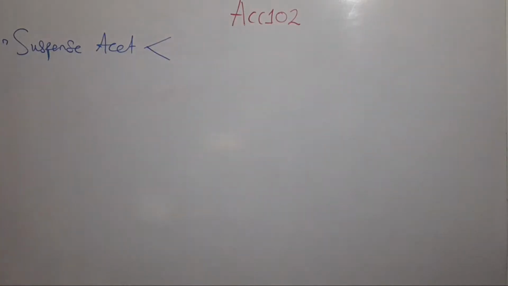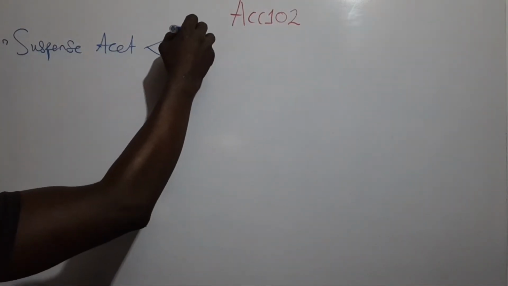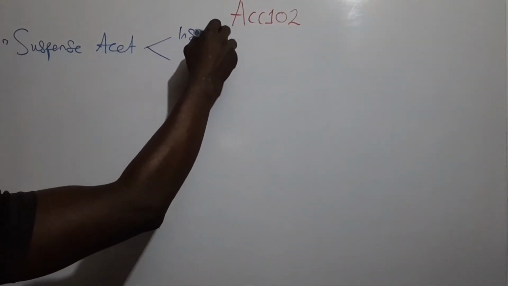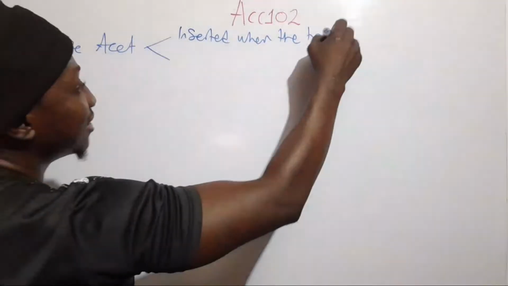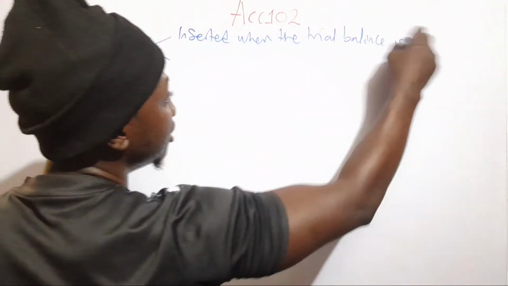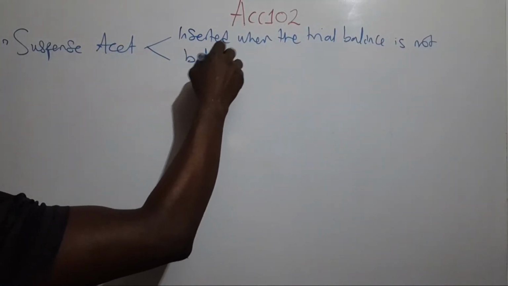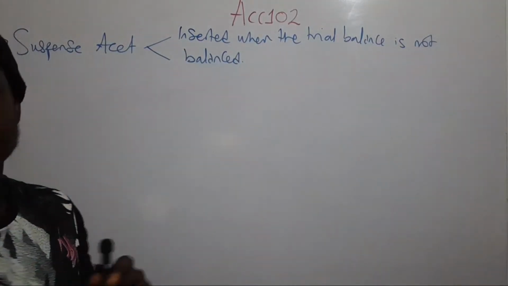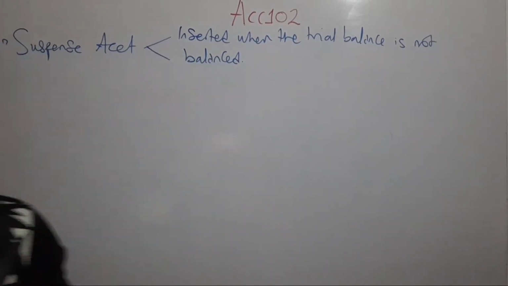This is the account inserted when the trial balance is not balanced. There you have your suspense account, giving the details why the trial balance is not balanced.